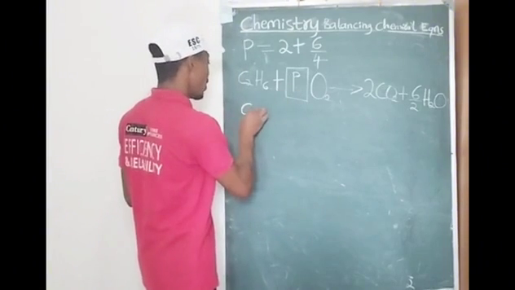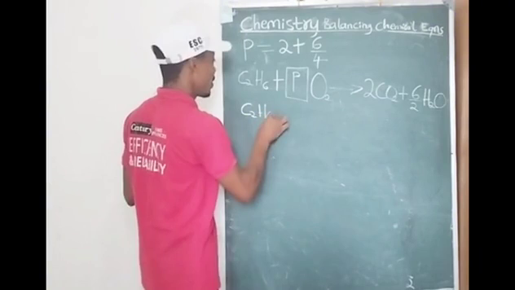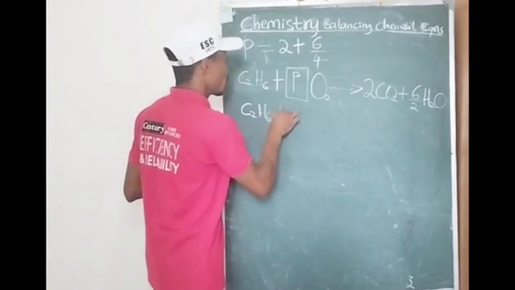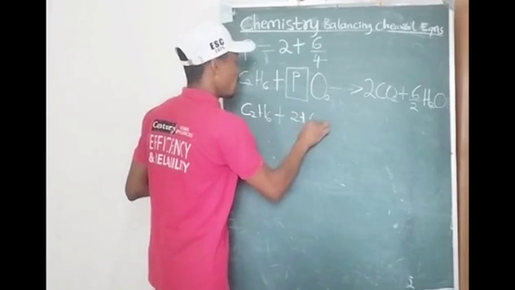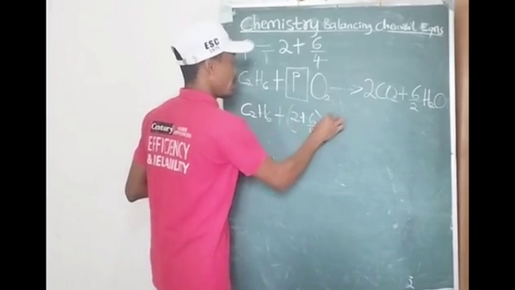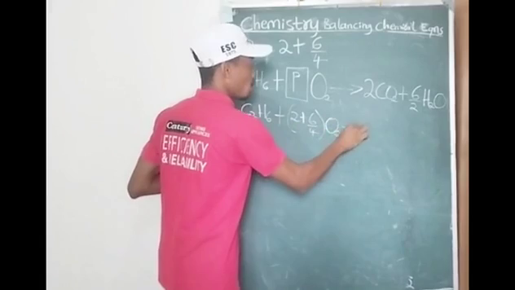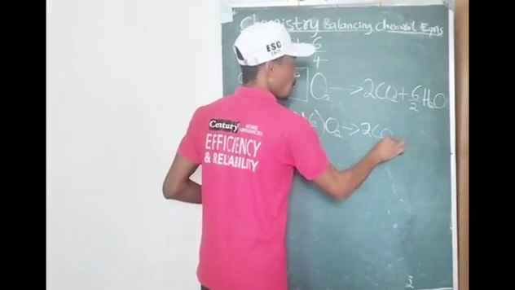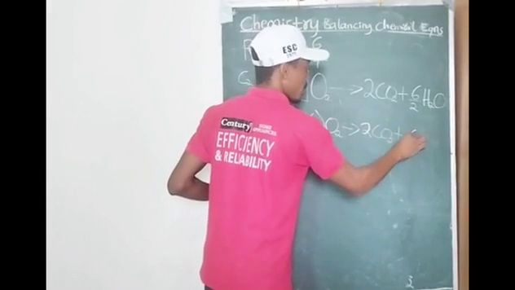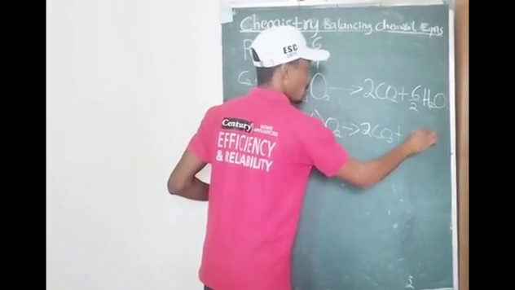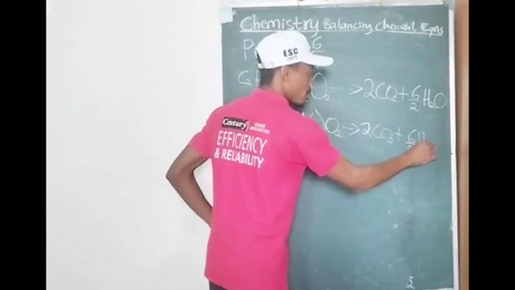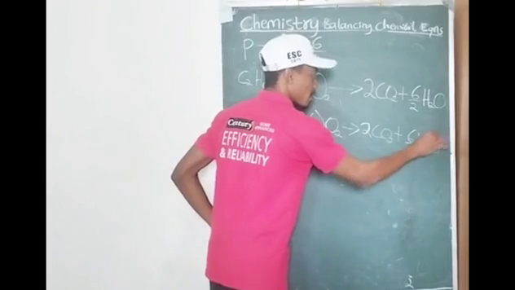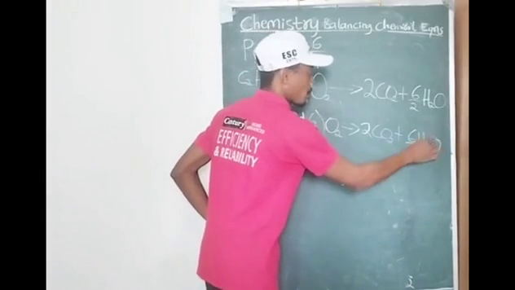So this becomes C2H6 plus (2 plus 6 all over 4) O2 giving 2CO2 plus 6 all over 2 H2O.